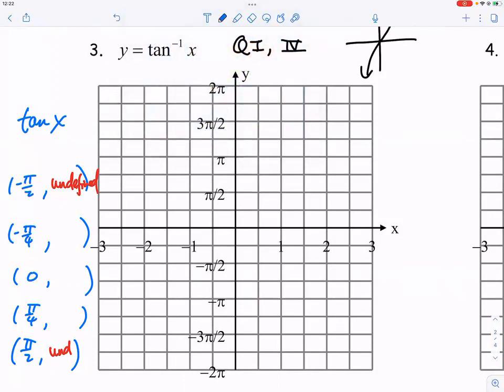Tangent of negative pi over 4 is -1. Tangent 0 is 0. And tangent of pi over 4 is 1. So you will swap them. So you have a point right here, a point right here, and a point right here.